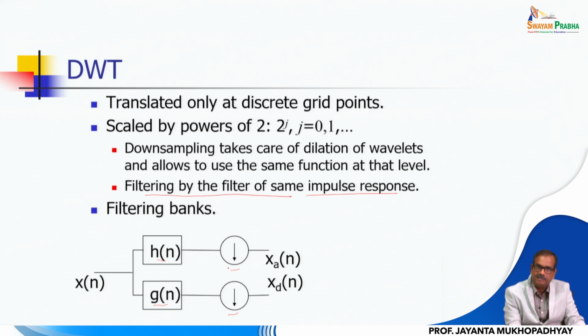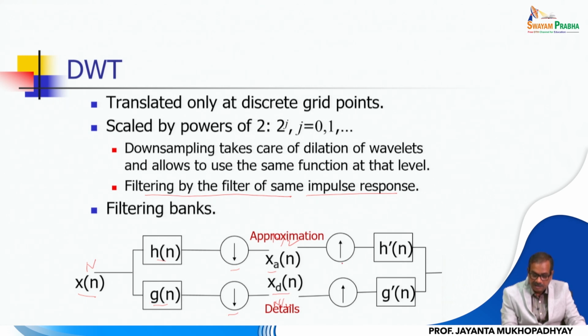Now if you downsample them, suppose you downsample at the rate of half, the length here would be N by 2 and here also N by 2, where we have a finite sequence of length capital N. In a way you can see that the length of your vectors still remains the same in this representation, because from there you can once again get back the signal if you upsample it and then use two filters, H prime n, which may not be the same as Hn.